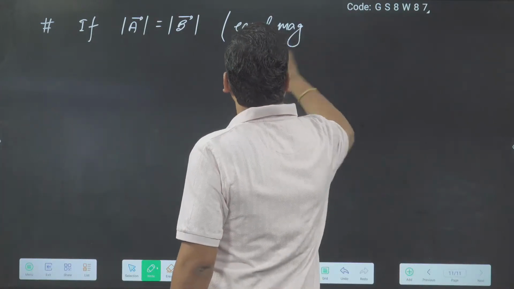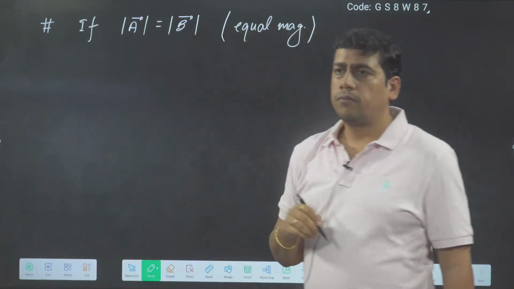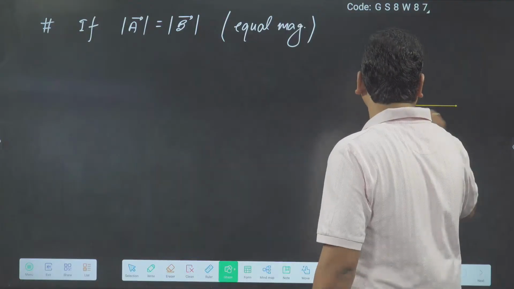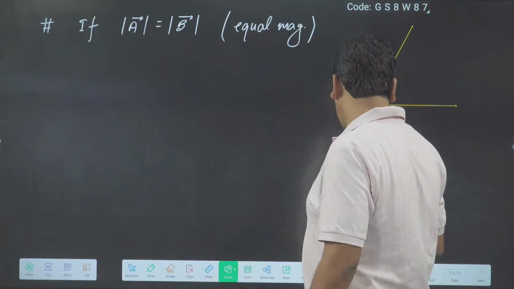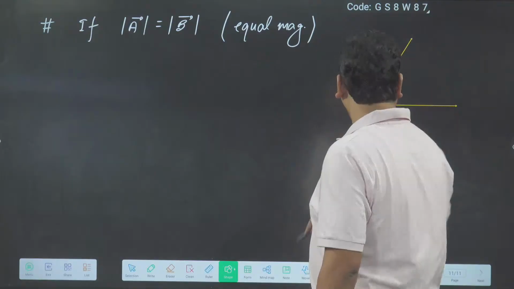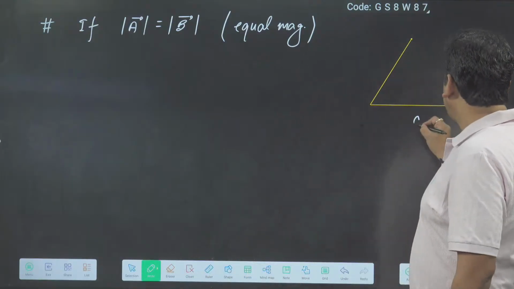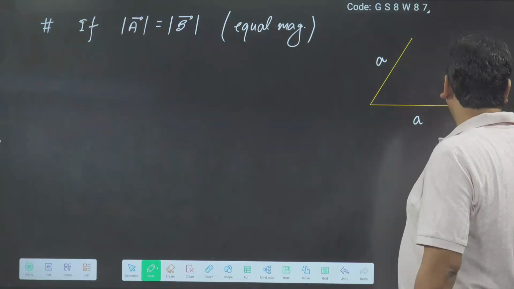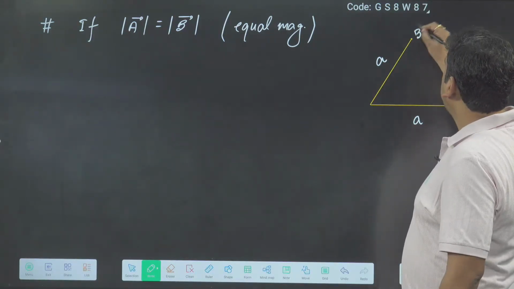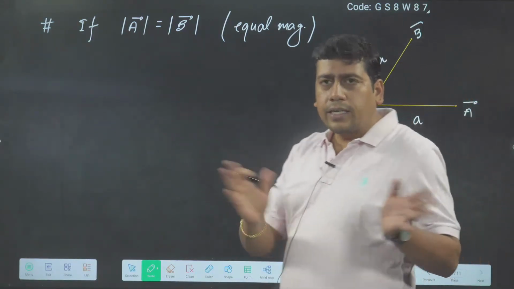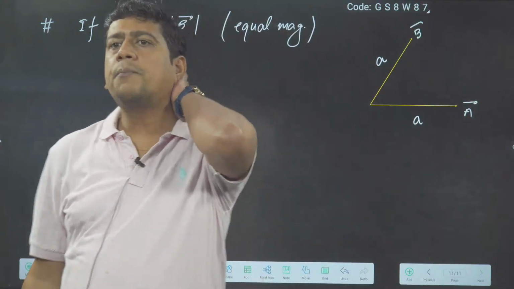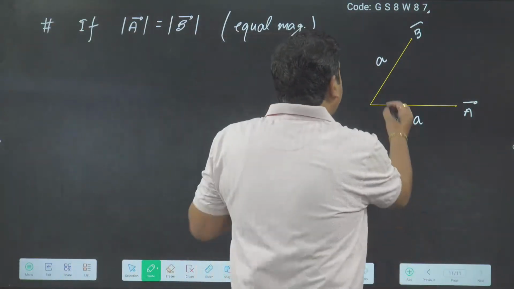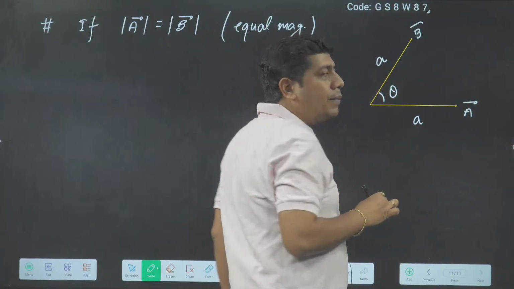Consider two vectors of equal magnitude making some angle theta between them. Let's say this is A, then this is also A, magnitude wise. Although this is A vector and this is B vector, the vectors are different because the directions are different, but the magnitude is the same. Let's say 10 meter, and another one is also 10 meter. Magnitude wise both are same, and the angle between them is theta.